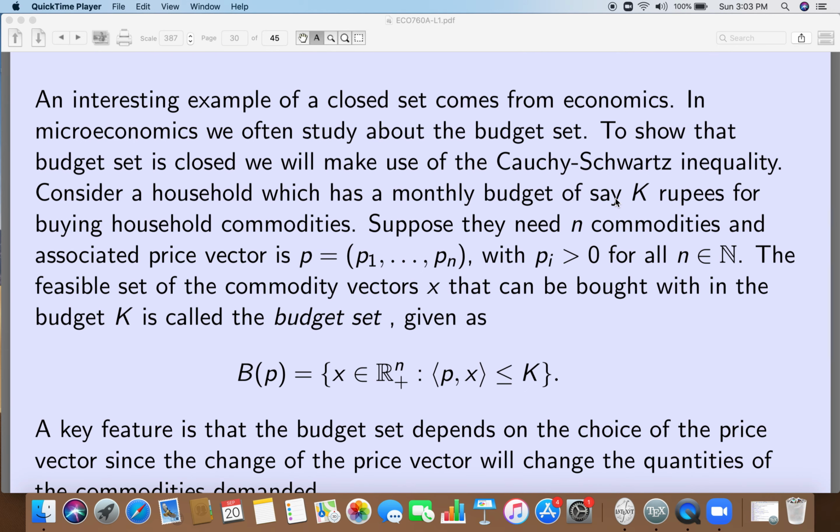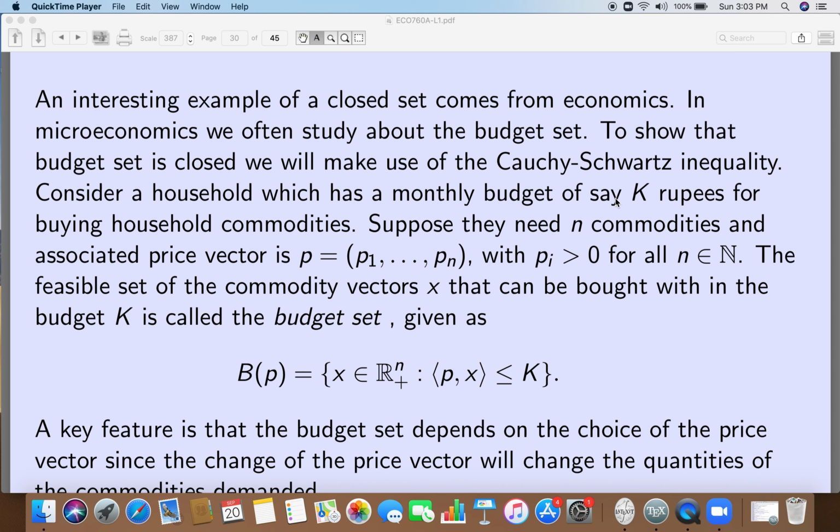Now you must ask, what about this income K? That might also change. You might get a better income, so the budget set should also depend on K. Absolutely correct. But for the moment, I'm assuming that I have a fixed income which doesn't change, and I'm keeping it to this simple level.